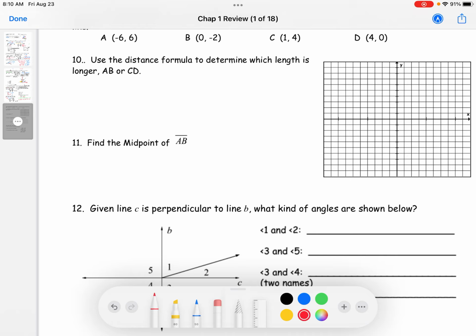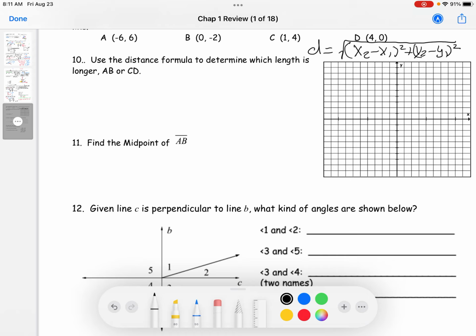I'll write it up here in the corner, and I'll try to write as small as I can. The distance formula is the square root of x2 minus x1 squared plus y2 minus y1 squared.